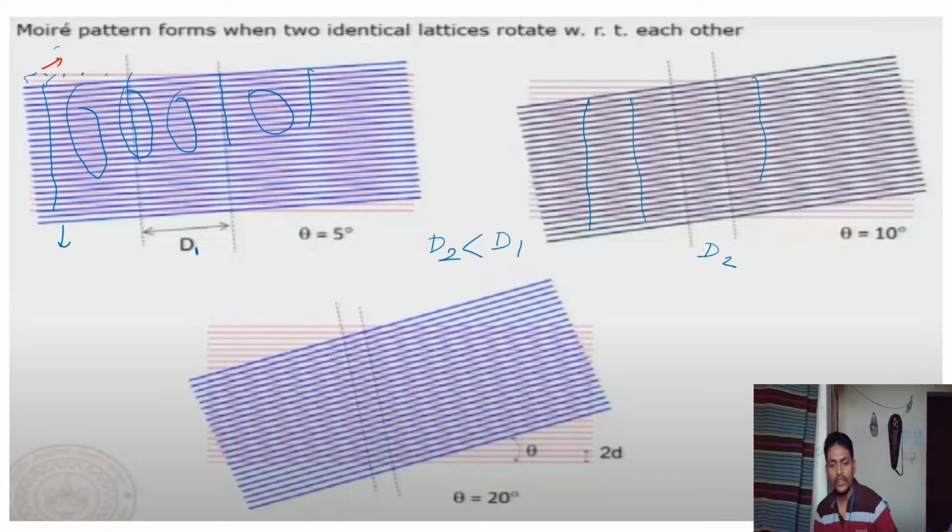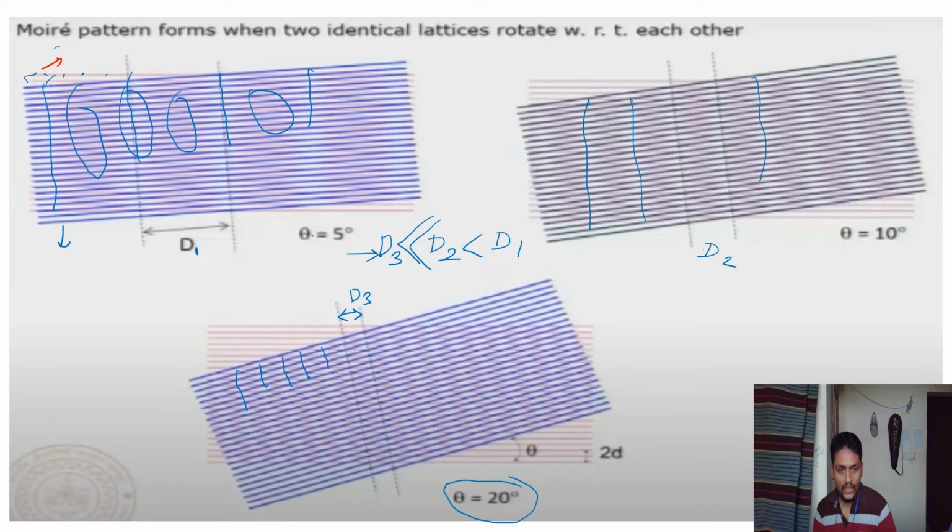Now, when we increase the angle much more, let's say this is 20 degrees, so from 5 degrees to 10 degrees to 20 degrees, just see, the pattern is much more repetitive, or the lattice parameter is now decreasing very much. Let's say this is D3. So what will be the relation? Obviously D3 will be much less than this.